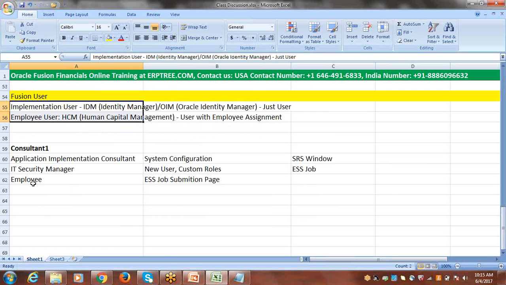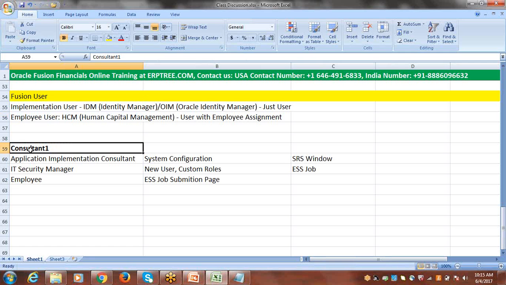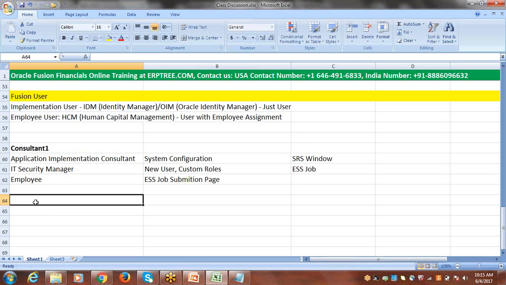Say, for example, I have user 1 and user 2. User 1 I created from IDM and user 2 I created from HCM.